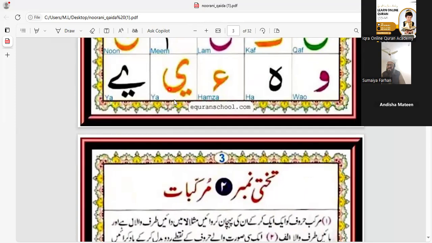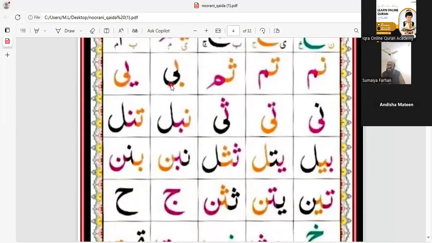Can you see? Yes. Here, it's joining with ba. There is no dot right now, but the shape is the same. This is the short form of ya. Ba, ya. And this one is with two dots. Ya, ya. These both are ya.